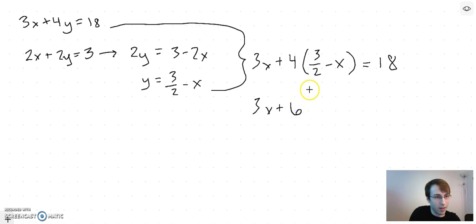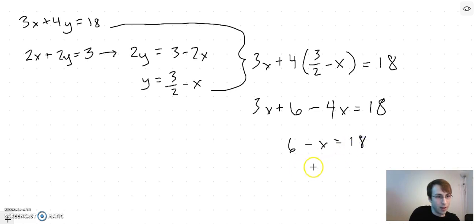You can also think of that as 4 divided by 2 is 2, then times 3 is 6, or just 4 times 1.5 is 6, however you want. Minus 4x equals 18, and then 6 minus x equals 18, minus x equals 12, x equals negative 12.